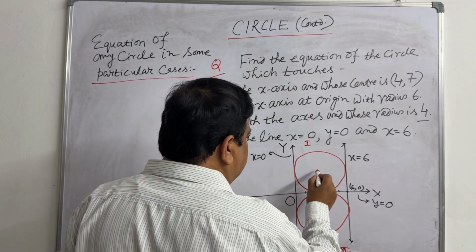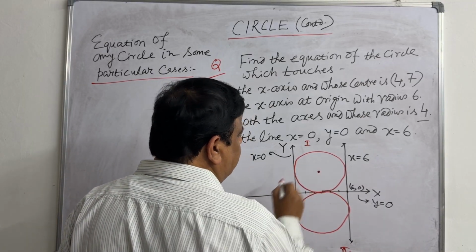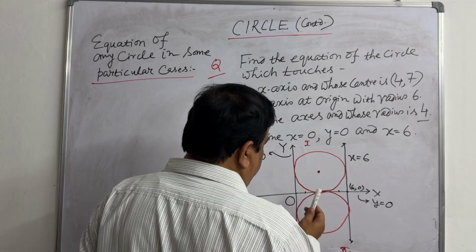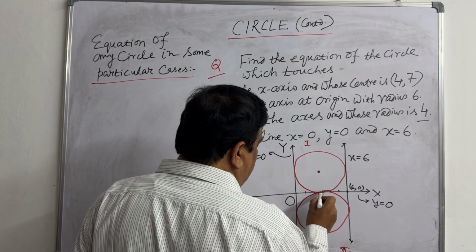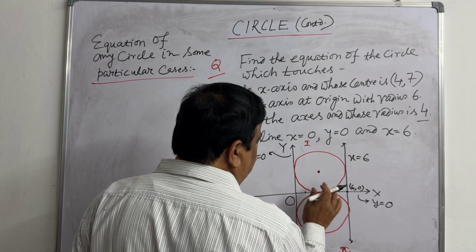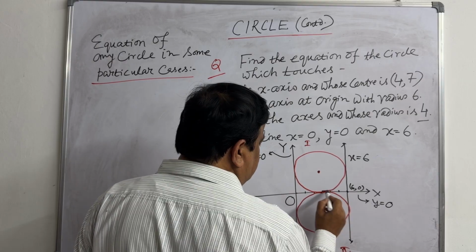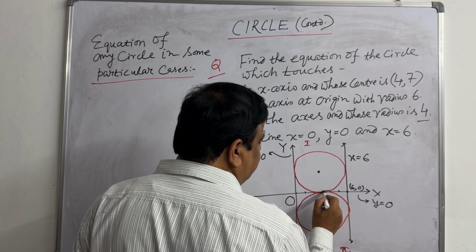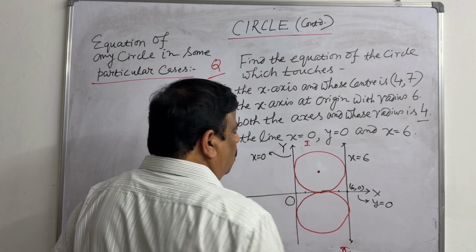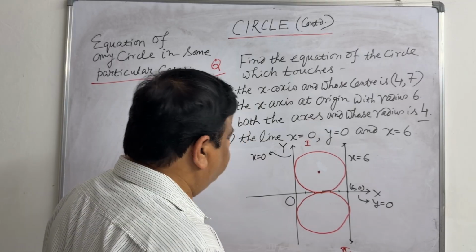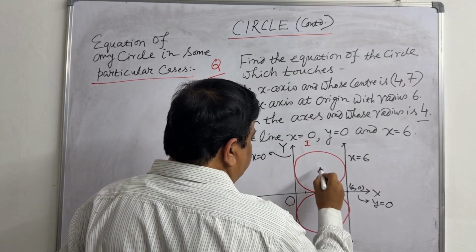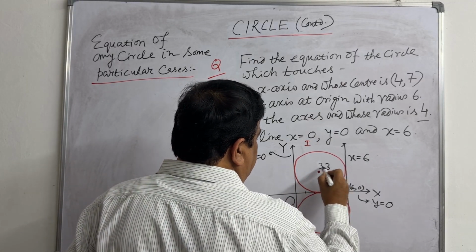What is the center of this circle? Obviously, this is half the line. So if this is 6, this will be half, that is 3. What will be the coordinates of the center? This is 3 and 3.